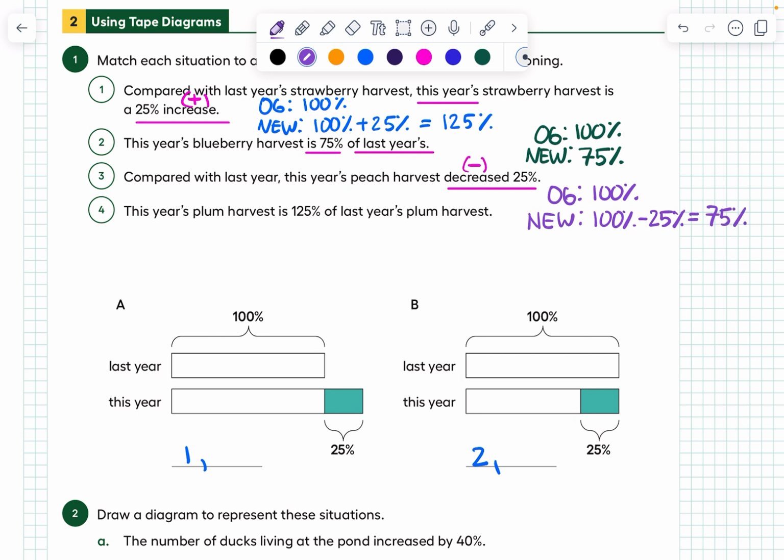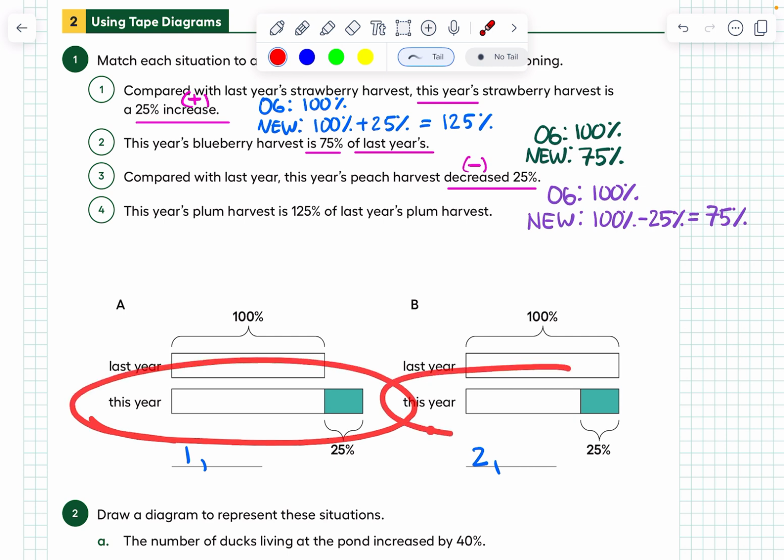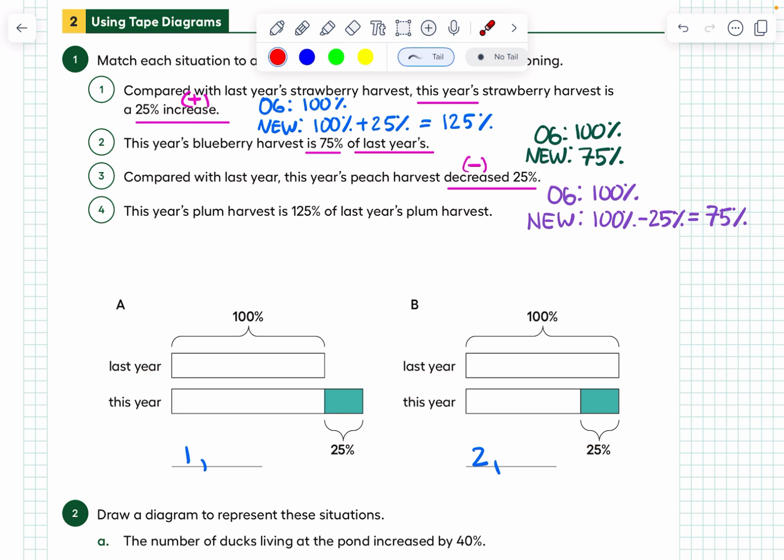So which diagram shows 75% for this year? Diagram B is correct because right here it says 25%. This would be 75%. So 3 matches up over here.